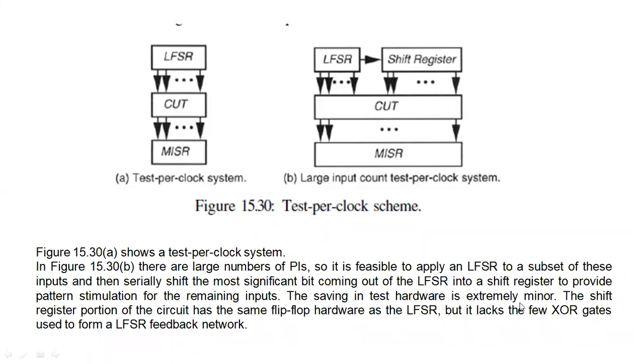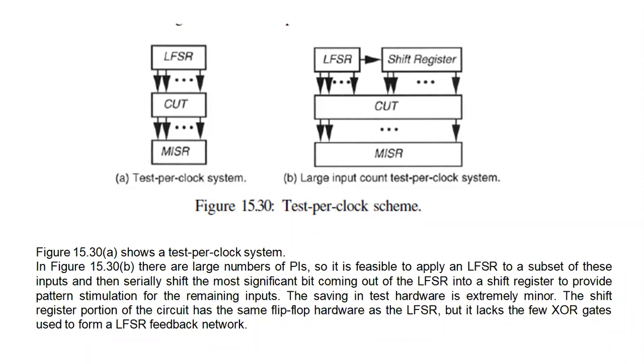So the saving of test hardware is extremely minor. The shift register portion of the circuit has the same flip-flop hardware as the LFSR, but it lacks the few XOR gates used in the LFSR feedback network. Each and every testing operation takes a major effort in checking each and every unit.